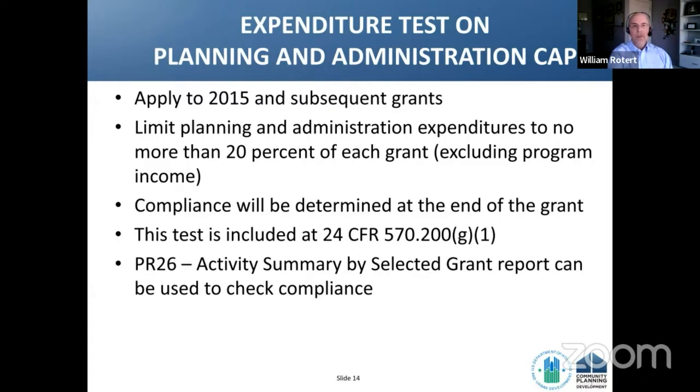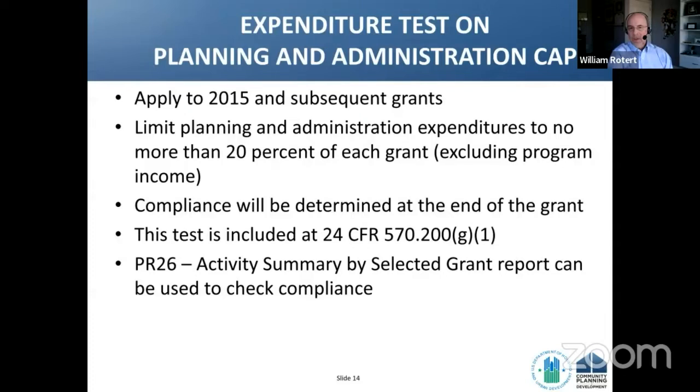Your expenditure test applies to any of your grants that you received from 2015 and later. You limit your planning and admin expenditures to no more than 20% of each grant. And that's important because that's a change from the way it used to be done. This excludes program income in that calculation.